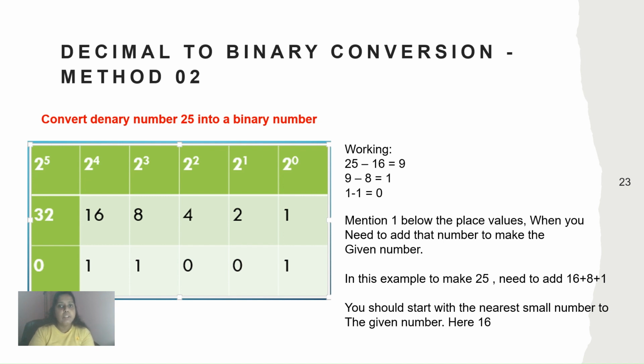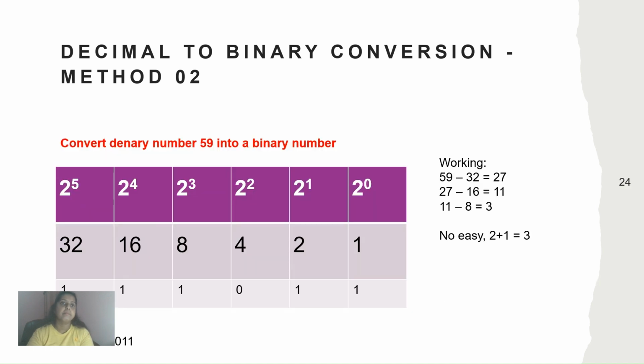Mention 1 below the place values when you need to add that number to make the given number. In this example, to make 25, we need to add 16, 8 and 1. You should start with the nearest smaller number to the given number, here 16. Another example is given here, converting number 59.